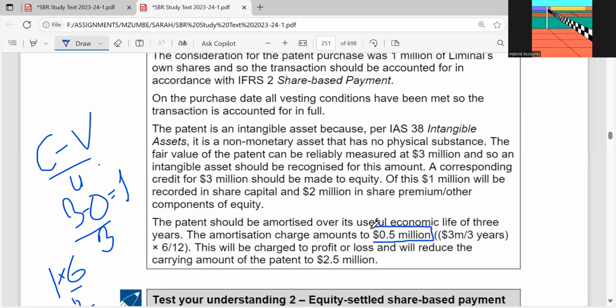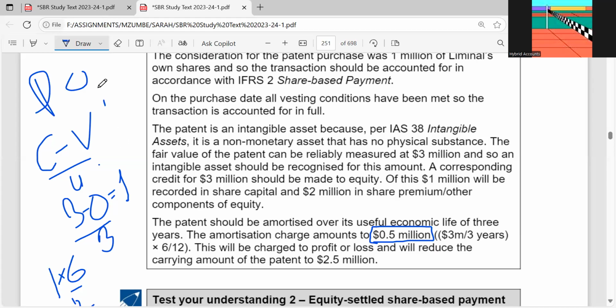So you'd have to make separate entries for amortization, which is an expense. So you'd have to debit amortization in the income statement, 0.5. And then you'd have to reduce the amount of patent, so you'd have to credit the patent by 0.5.